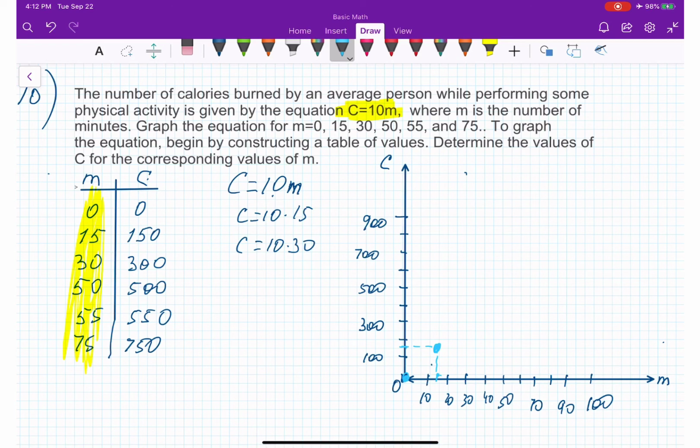Next one, M is 30 and C is 300. It's going to be right here. Next, M is 50, which is here, and 500.